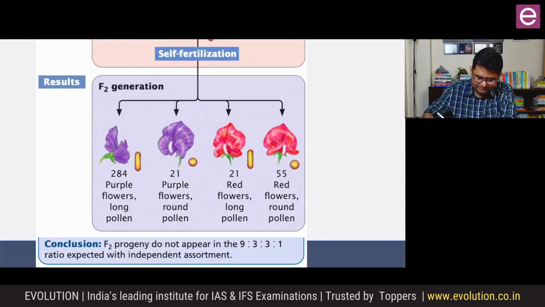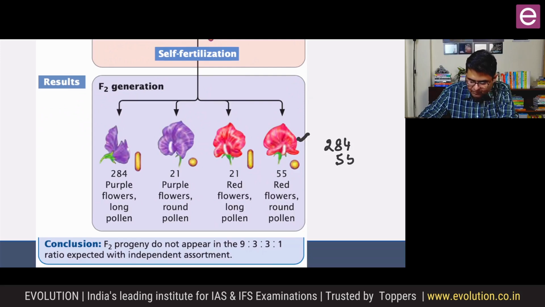And notice here, let's do some math. So you have got this as parental type, and you have got this as parental type. Correct. So 284 and 55.